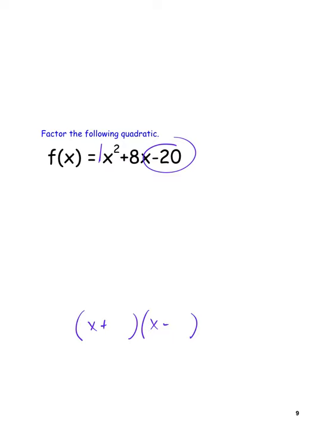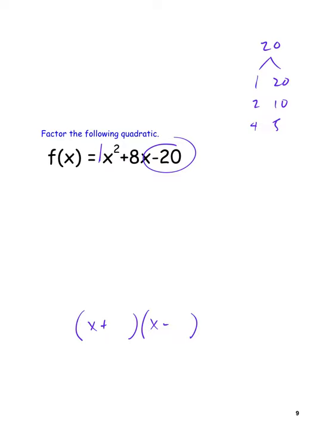Okay, so that gives us another little hint as we look at what is going to add up to 8. And again, to add up to 8, then we know it's going to be one positive value and one negative value. So it's not going to be like the last one where it was just the 6 and the 2 combined. So as we look at the 20, we have 1 and 20. Of course, there's no way to get from there to 8. We have 2 and 10. We have 4 and 5.